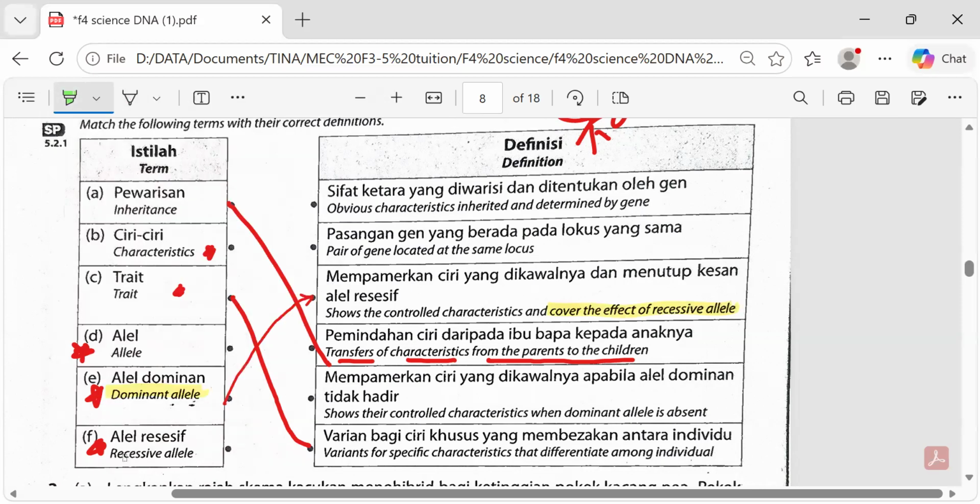The recessive can only show its characteristics when the dominant allele is absent. An allele is one of a pair of genes located at the same locus, for example, big A, small a.